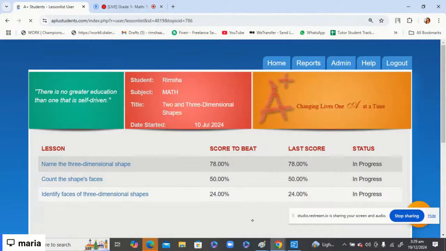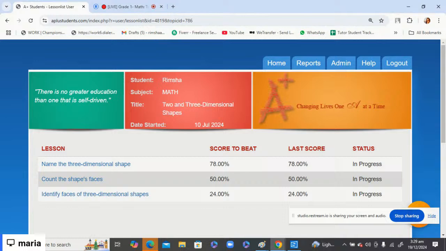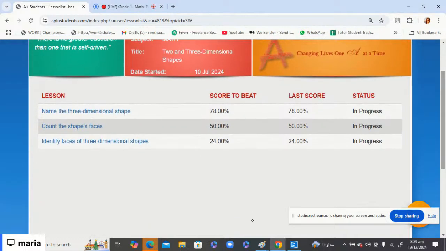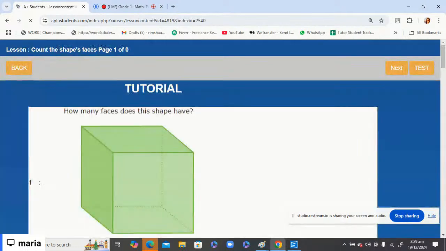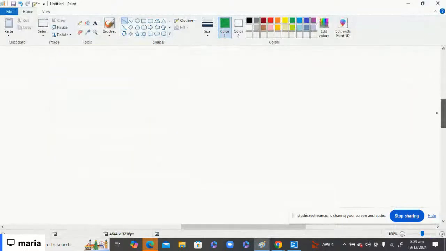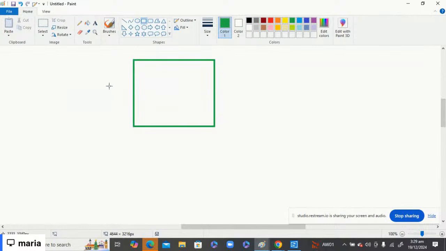So the three shapes we discussed are cone, that is this, and then the sphere, and then the cube. Now count the shapes' faces. Let's start to count the shapes' faces. Okay. Here I'm going to draw the cube. Now let's draw firstly.